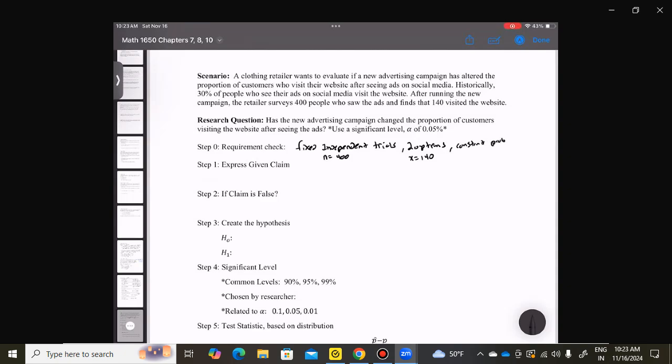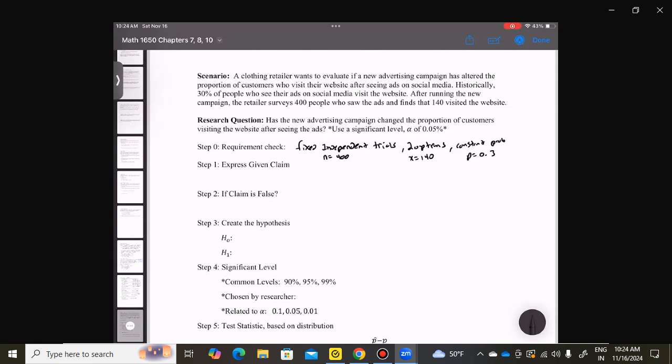And historically, that is the 30%. So p equals 0.3. Basically, that constant probability is the probability that's going to be a part of your claim value. Even though nobody's really making a claim here, in a sense, they're investigating something, the historical percentage here will be considered the claim value, and then we're trying to see if we have evidence against that.